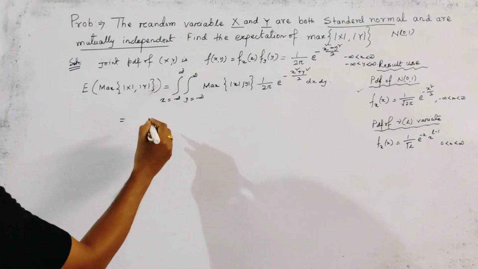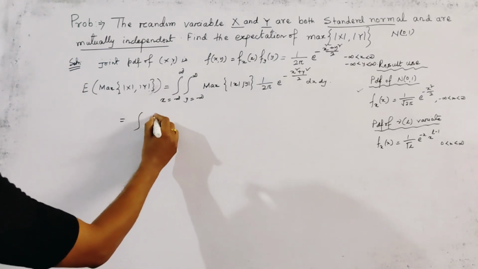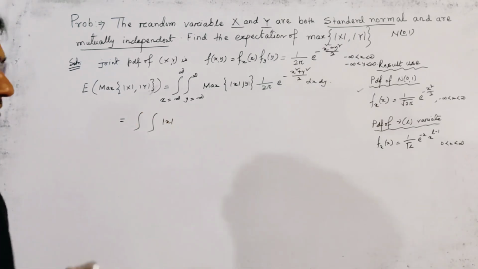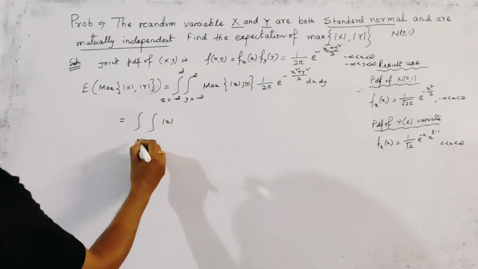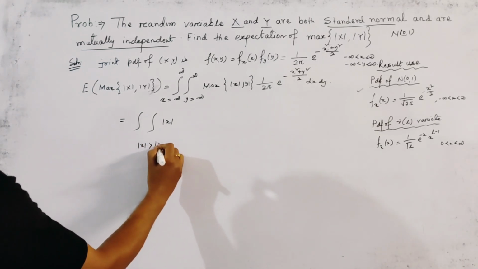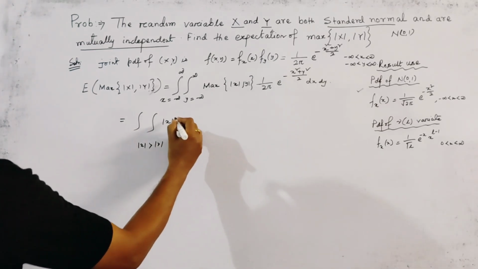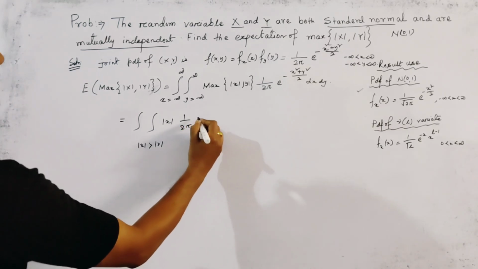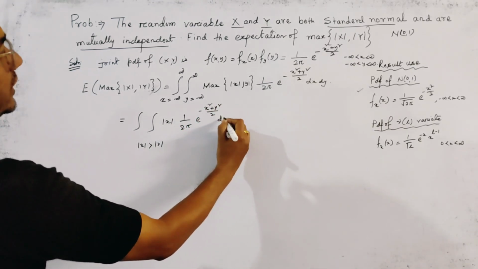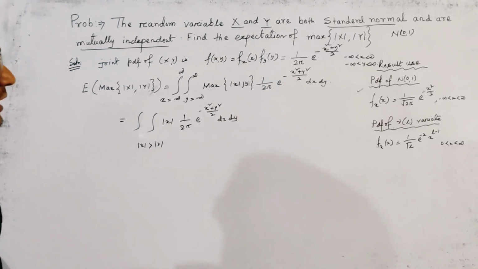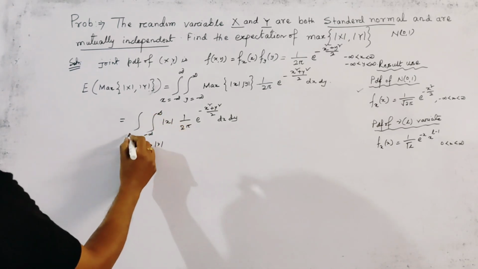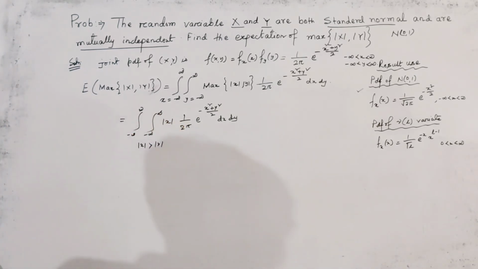How to divide it? If we get |x| here, then here must be |x| greater than |y|, with 1/(2π) e^(−(x²+y²)/2) dx dy, both from minus infinity to infinity.